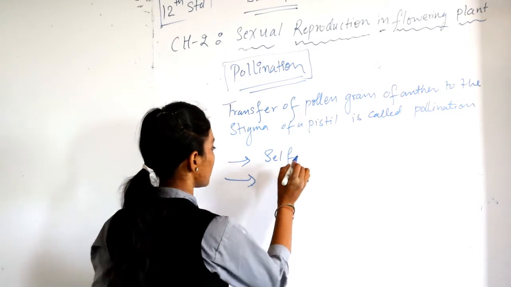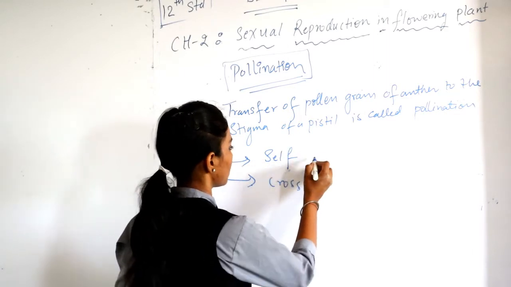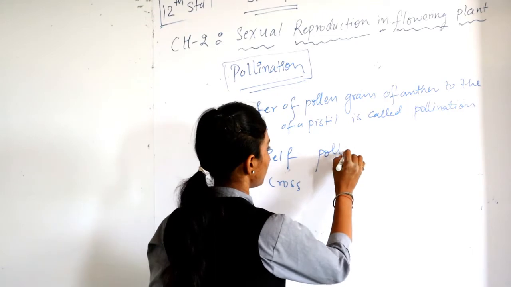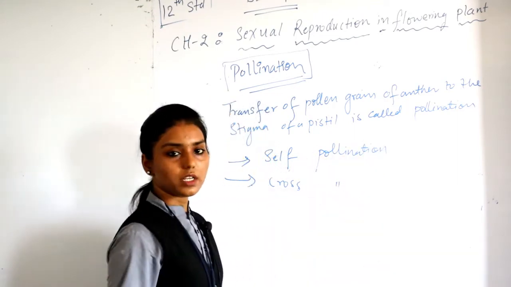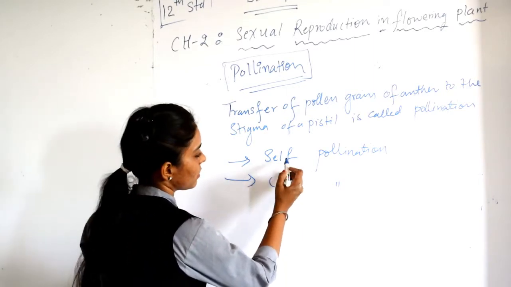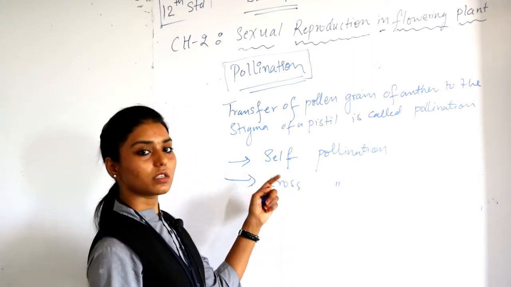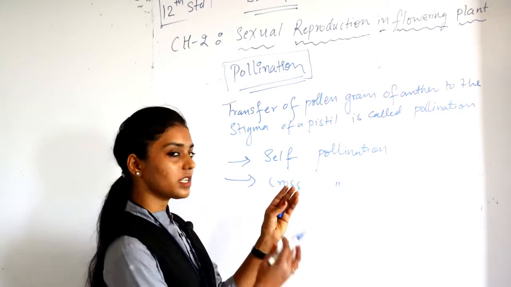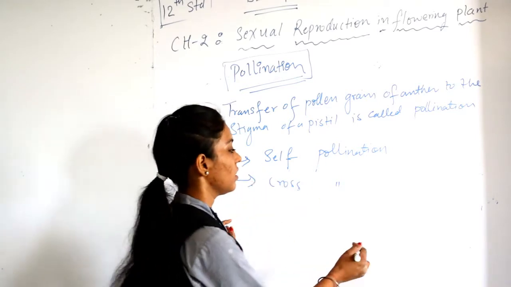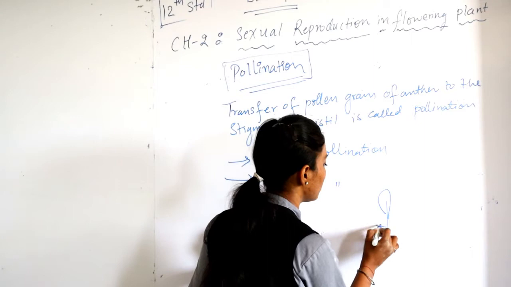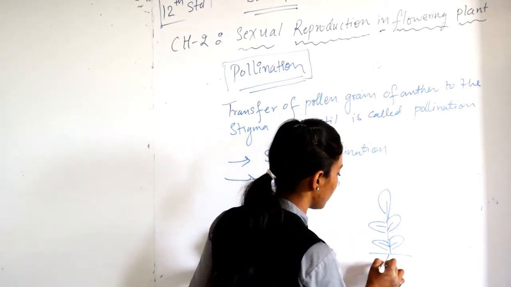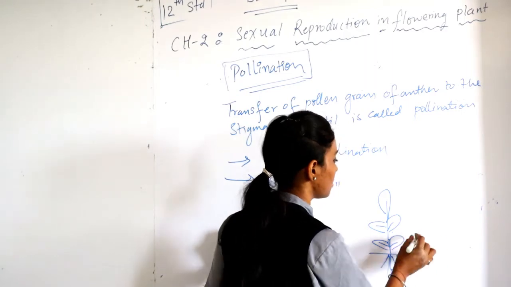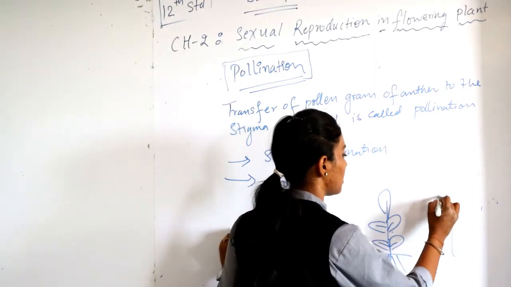Okay. Along with this term, we have also studied two types of pollination. One is self pollination and the other is cross pollination. Now as you can see, the term self means within, cross means between two. For this I would like to draw the diagram of a plant, a simple way to understand self pollination and cross pollination.